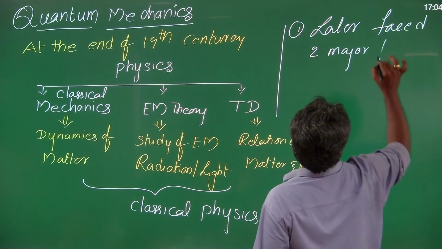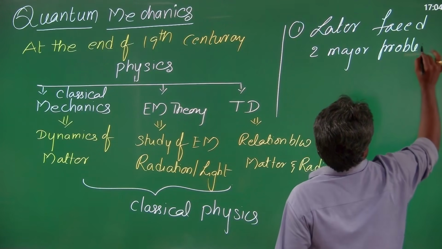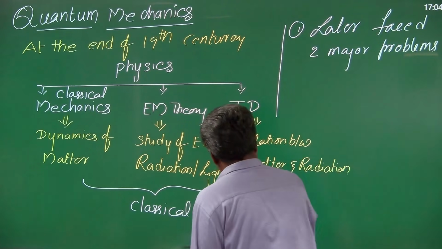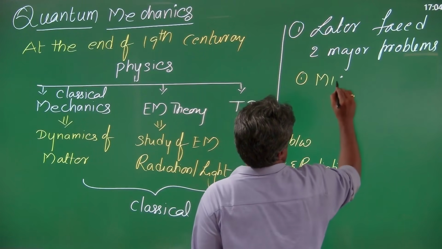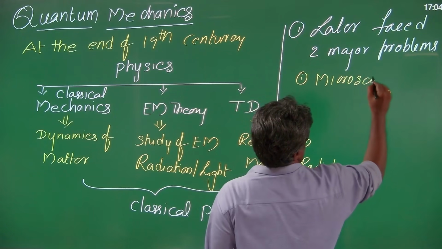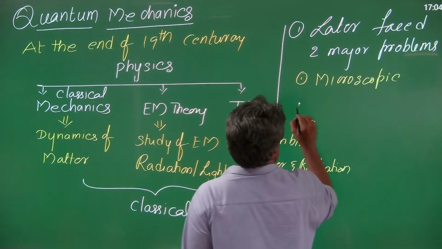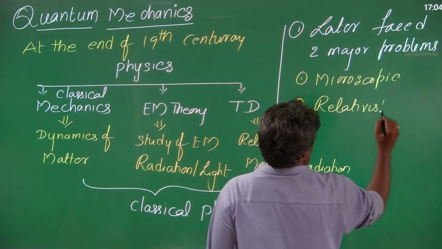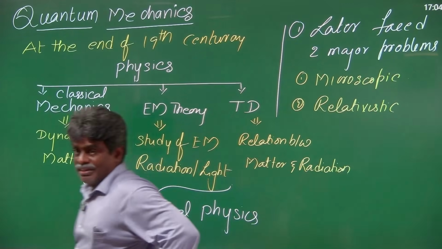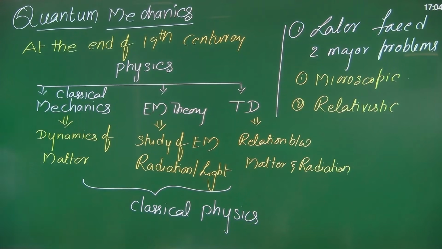Anybody knows what are those? One is microscopic phenomena, microscopic properties. Another is relativistic. These two major issues came.